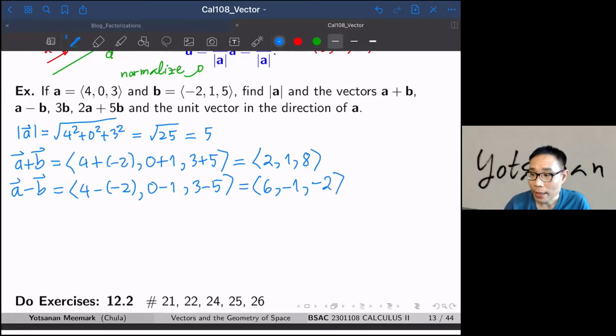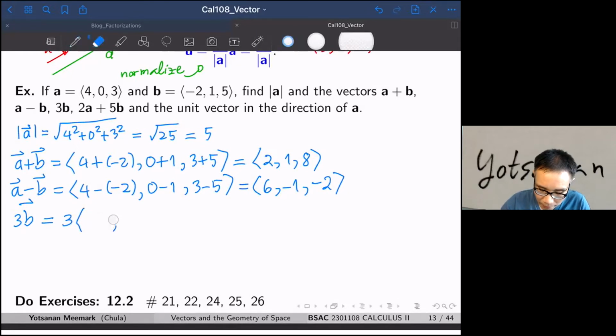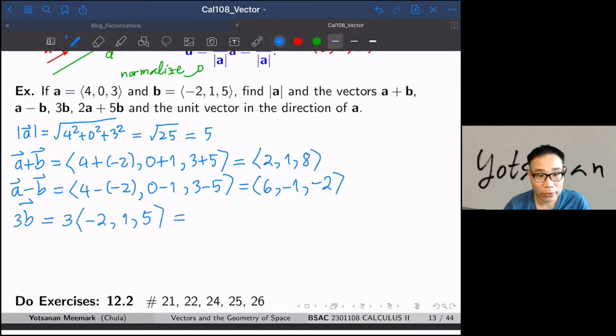And 3B is just 3 multiplied with <-2, 1, 5>, so it's going to be <-6, 3, 15>. The next one is 2A plus 5B. I'm not going to show this one for you.